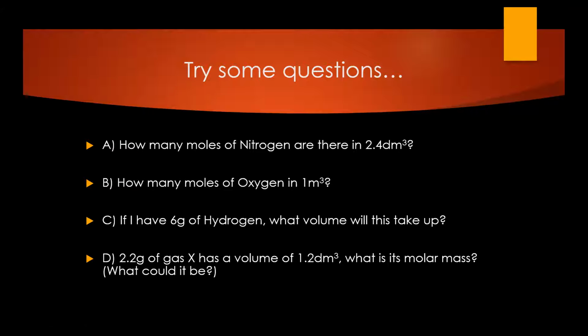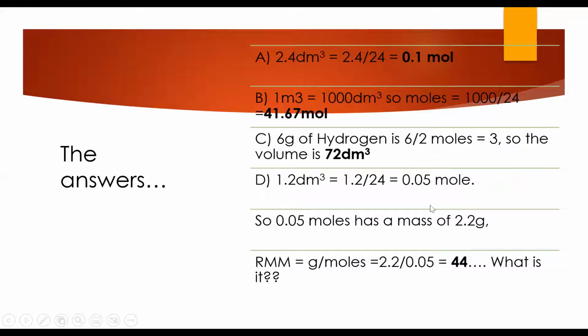Moles equals the volume over the molar volume, 1.2 over 24. That will give me the moles. And then I'm going to use the first triangle. So the first bit is 1.2 cubic decimeters is what moles? 1.2 over 24. That's 0.05 moles.